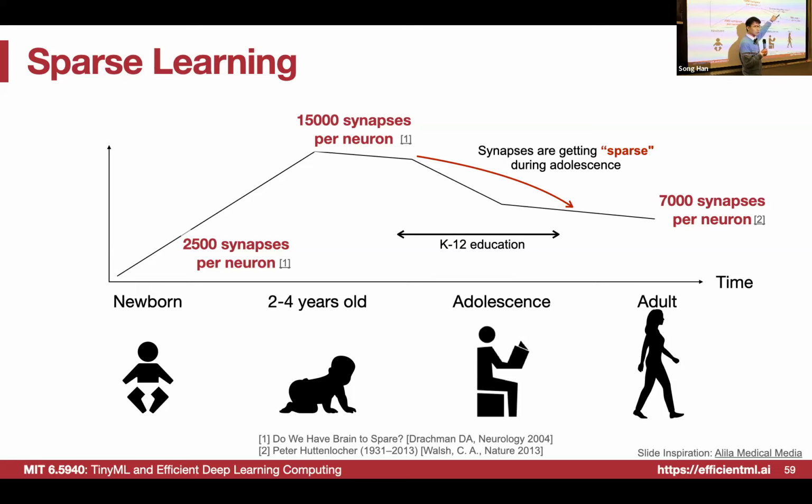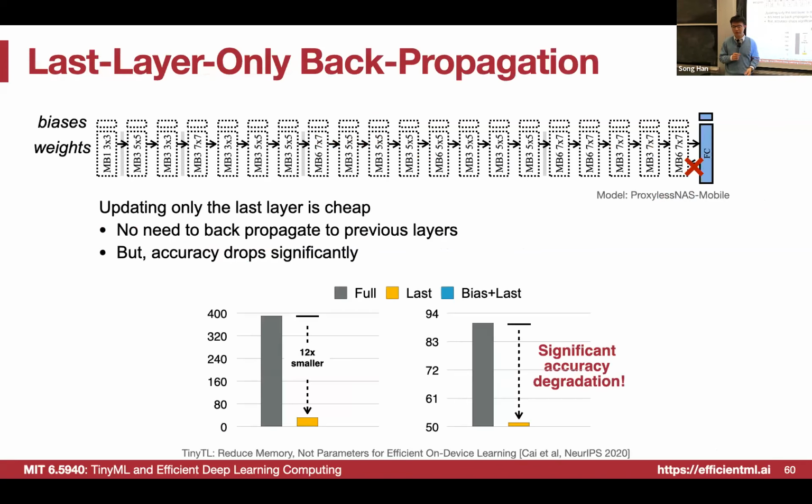It didn't increase, but actually decreased during this adolescence time, where we are learning most of the knowledge in our lifetime, until it gets stable, which indicates that a certain kind of sparsity might be helpful for learning.